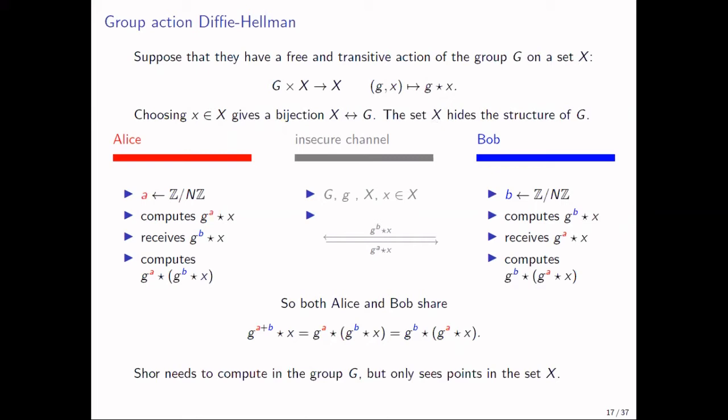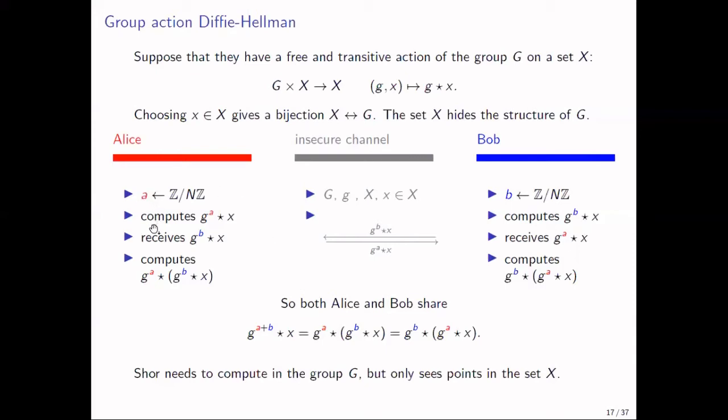So somehow you're hiding all this information, possibly leaking information about the elements that you used or any other stuff. You're just hiding it by acting on some point in a set and producing another point in a set, so no extra structure. And this is how you can easily modify this Diffie-Hellman paradigm.